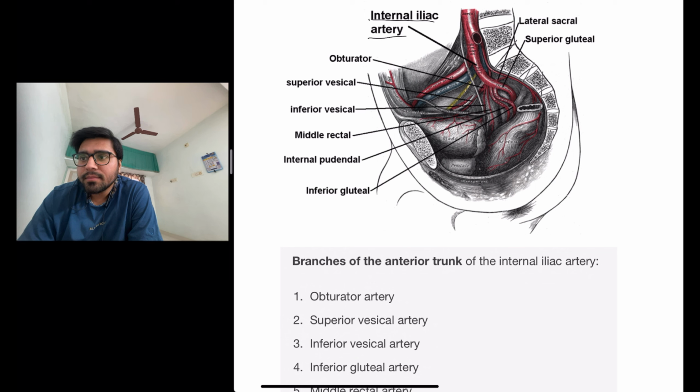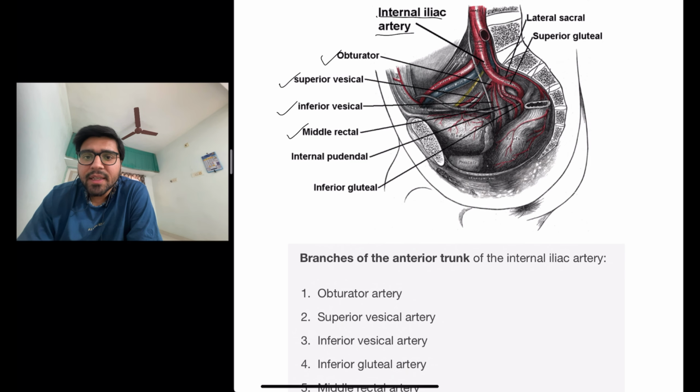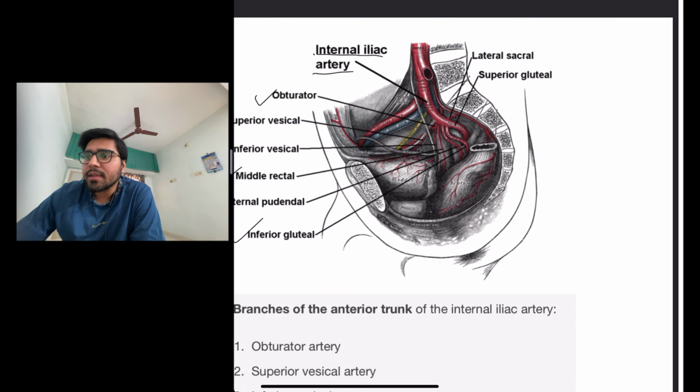So the branches from the anterior division of the internal iliac artery are obturator artery, superior vesical artery, inferior vesical artery, middle rectal artery, internal pudendal artery, and inferior gluteal artery.